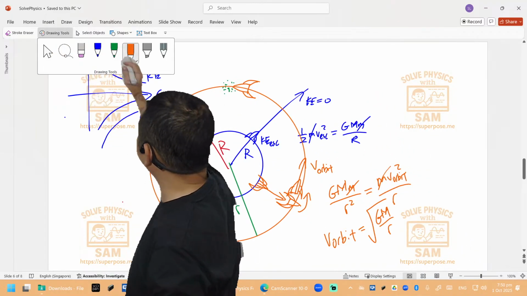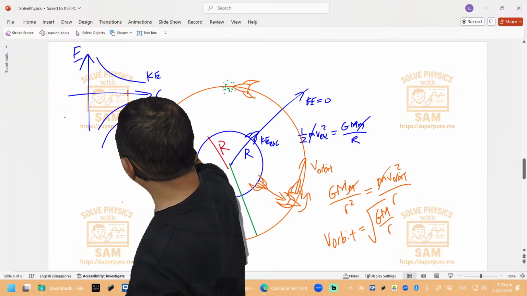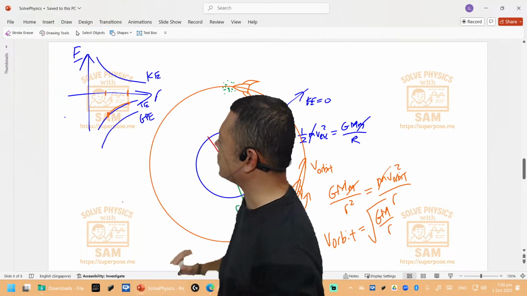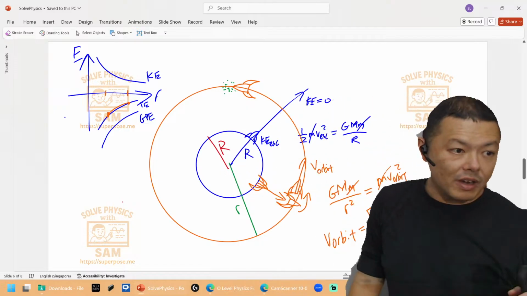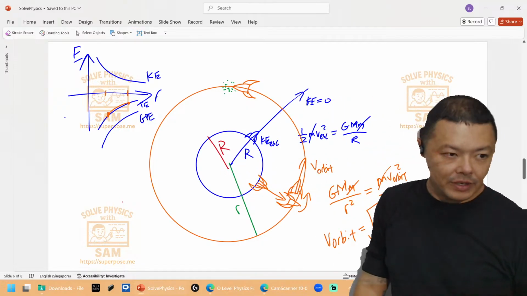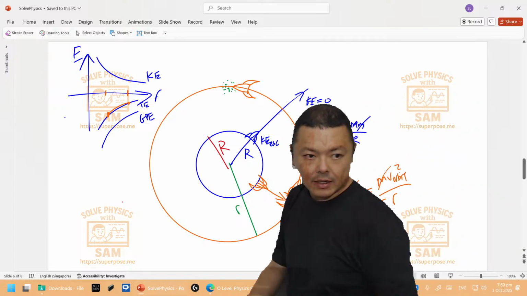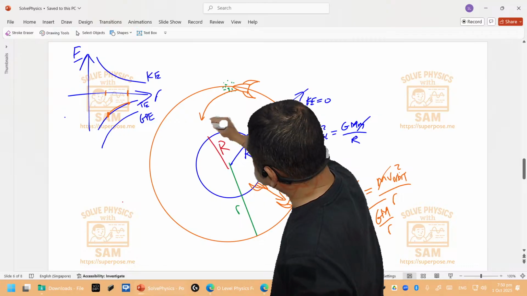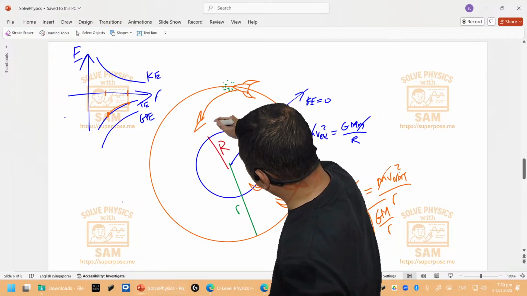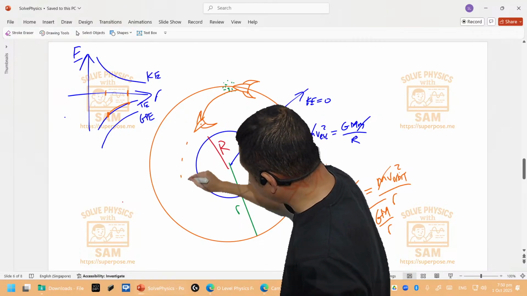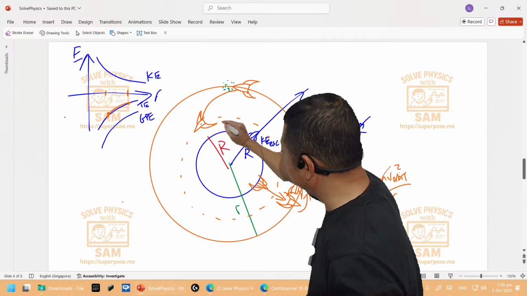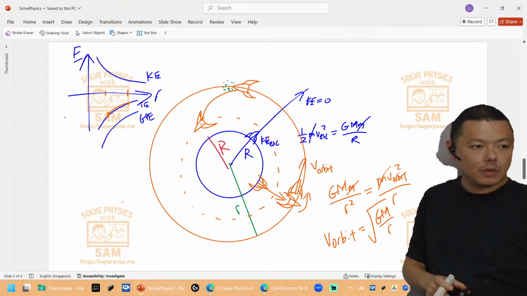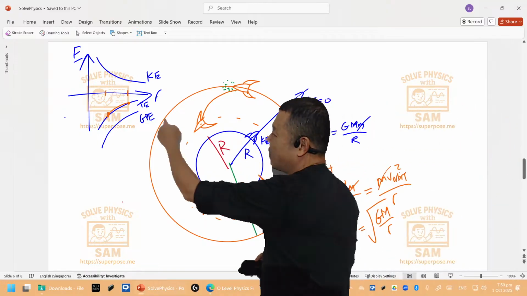So its total energy will drop from a high value to an even more negative value. So this rocket would then drop to a lower orbit. It will continue to orbit at a lower orbit like this, but it's stuck at the new lower orbit, because its total energy is now less.